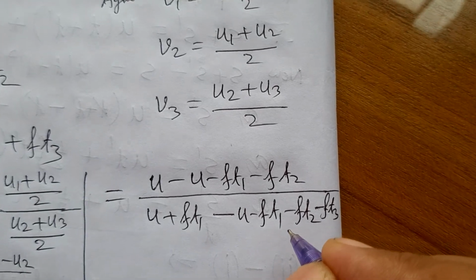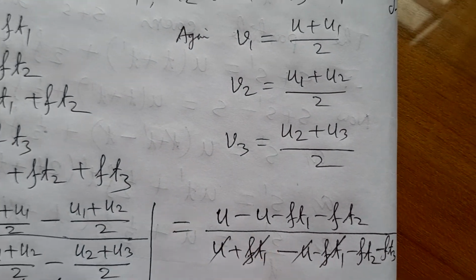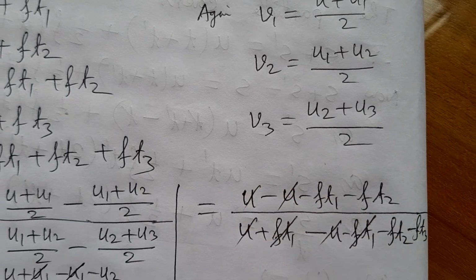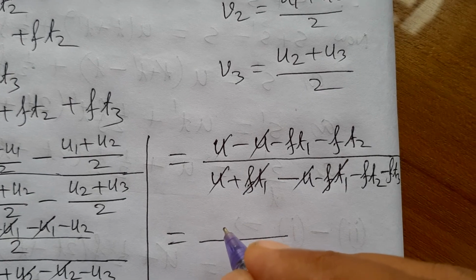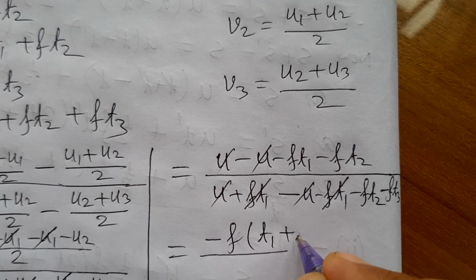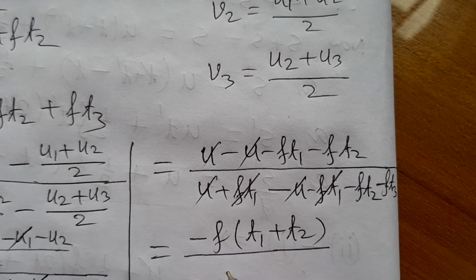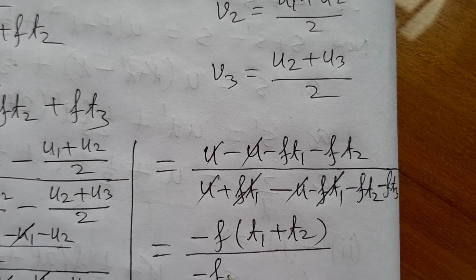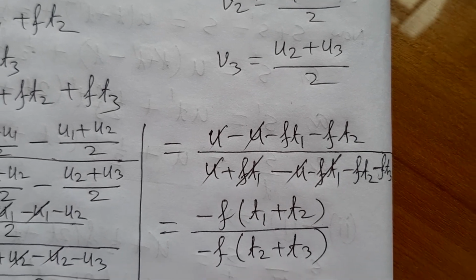You can see that the u's cancel, and ft1 cancels. If we take common minus f, then in the numerator we get t1 plus t2, and in the denominator if we take common minus f, we get t2 plus t3.